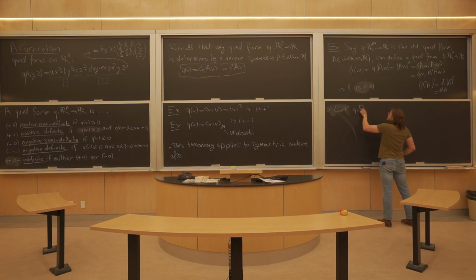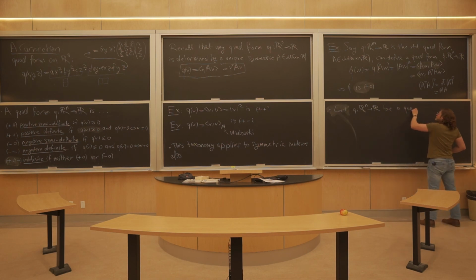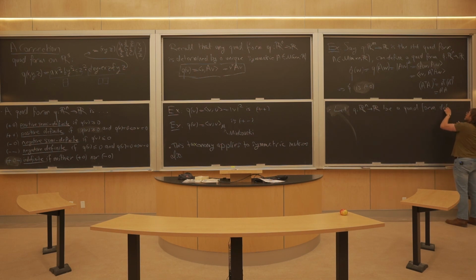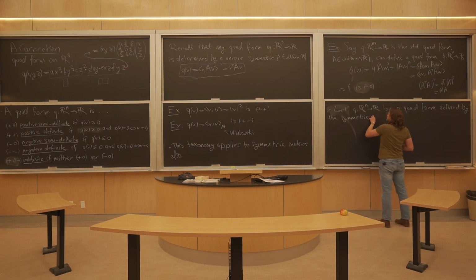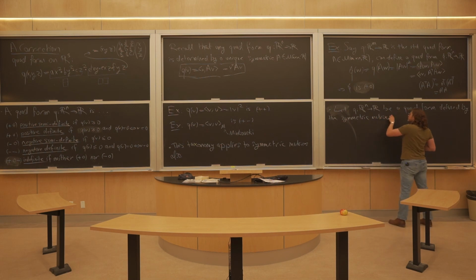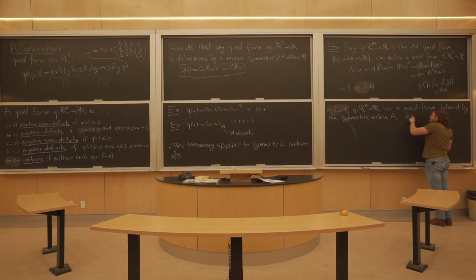Let Q be a quadratic form defined by the symmetric matrix A. So this means that Q of V equals V against AV. Or if you want, this is the same thing as V transpose AV.